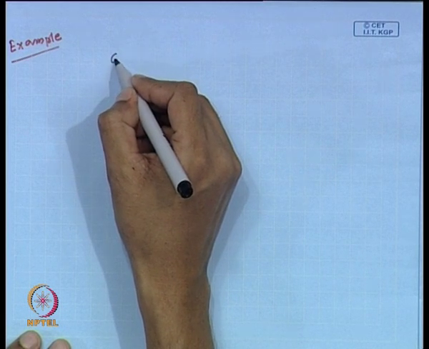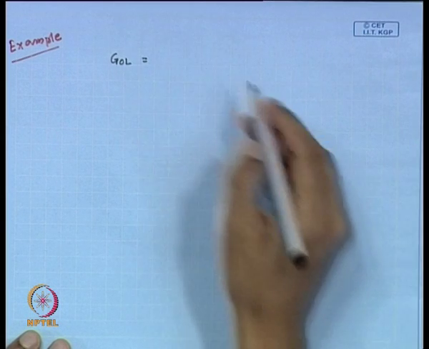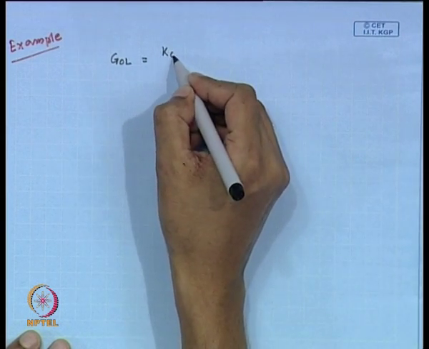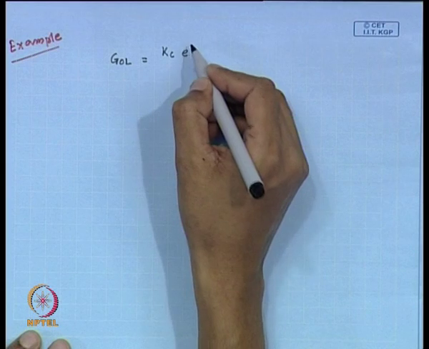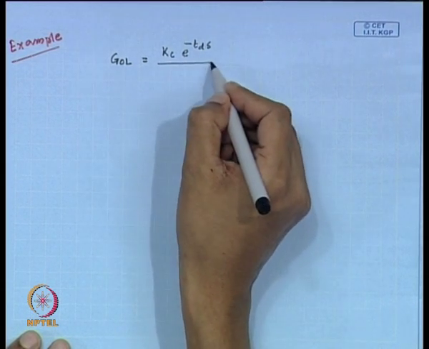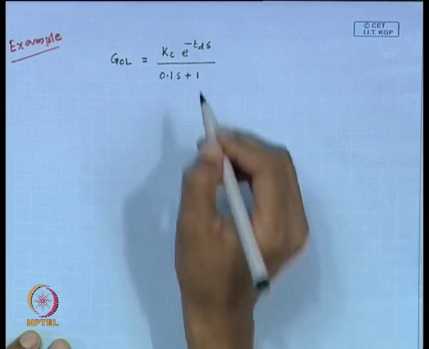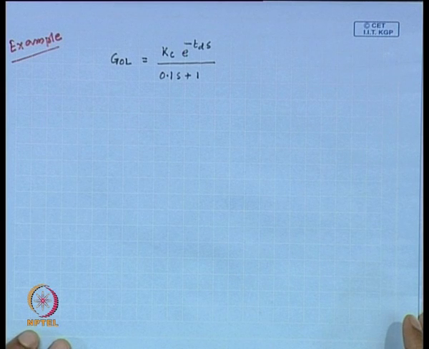Consider the open loop transfer function given as Kc e to the power minus Td s divided by 0.1s plus 1. This is the open loop transfer function which we considered earlier.